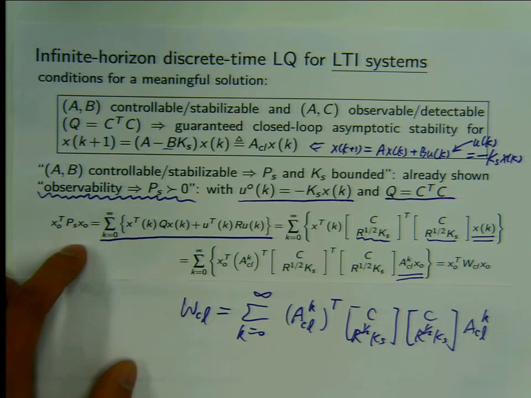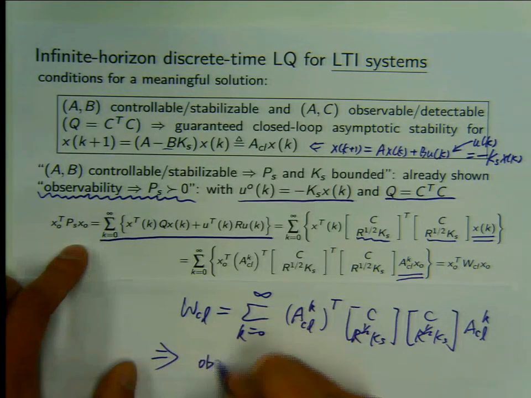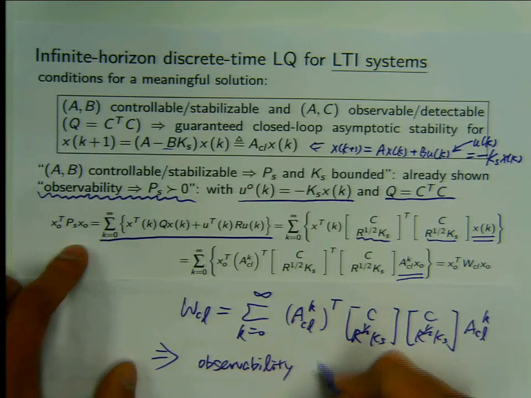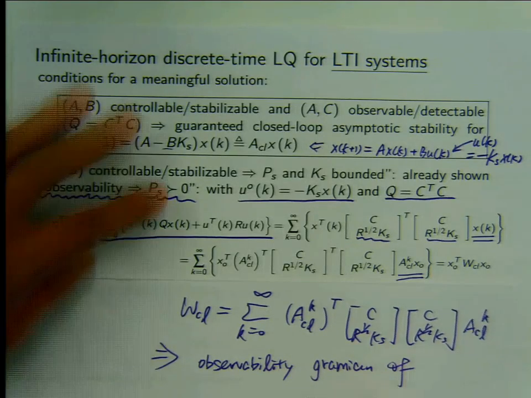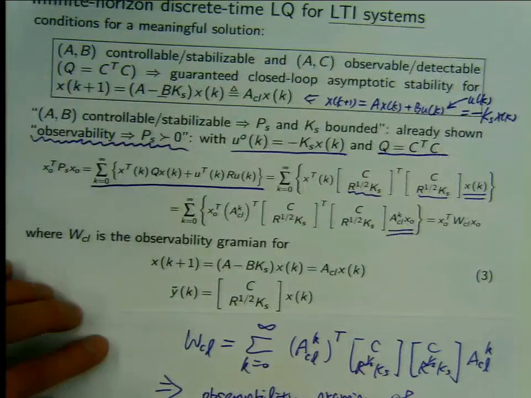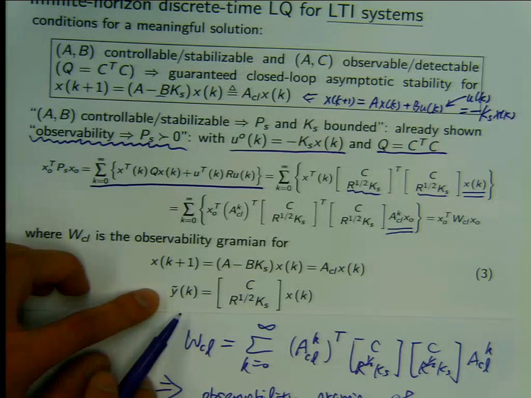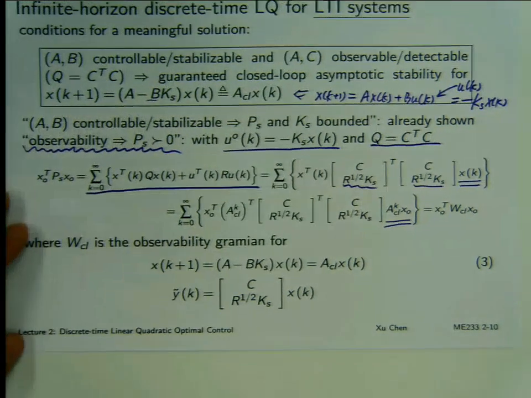There is another side of this story here. This matrix is also the observability gramian of the system here. All right? That is something very interesting.